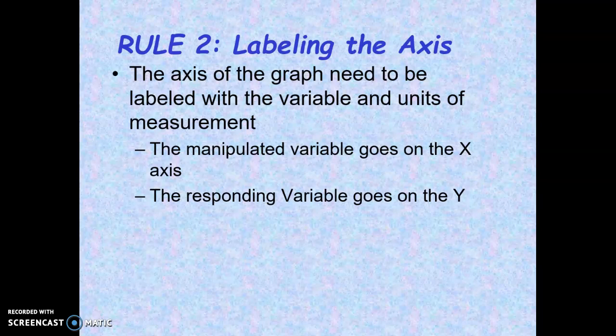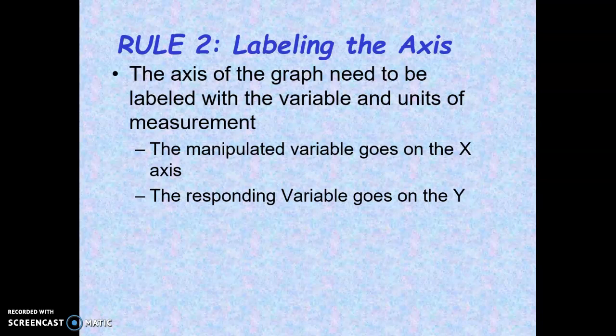The next important rule is we need to make sure that we set up our axes and label them correctly. The axis needs to be labeled with the variable that is either being tested or measured, and then the units. Units are very important. There's a huge difference between an inch and a foot, a mile and a kilometer.